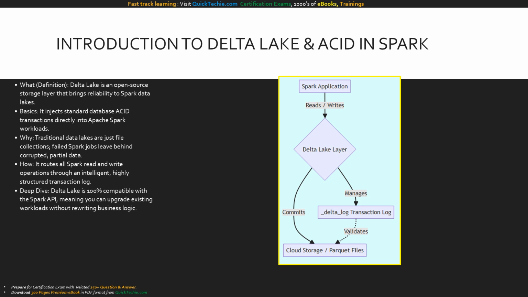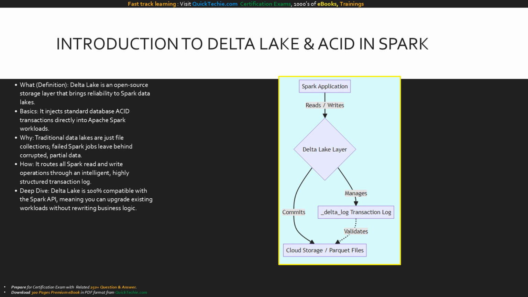Let's take a close look at this architectural flow diagram to understand exactly where Delta Lake fits in. Instead of your Apache Spark engine interacting blindly with raw Parquet files in your data lake, it now routes all read and write operations through the Delta Lake layer in the center. This layer is responsible for managing a highly structured transaction log.